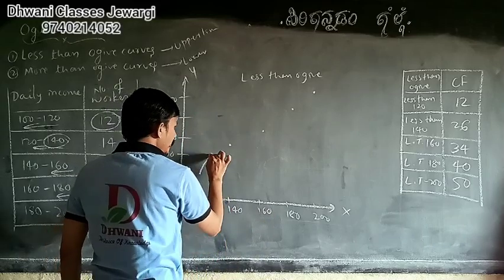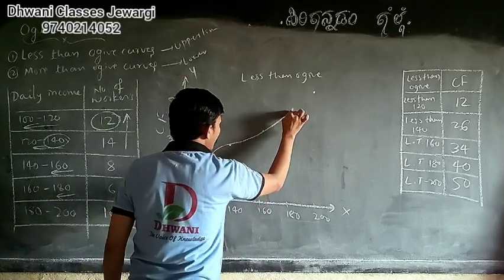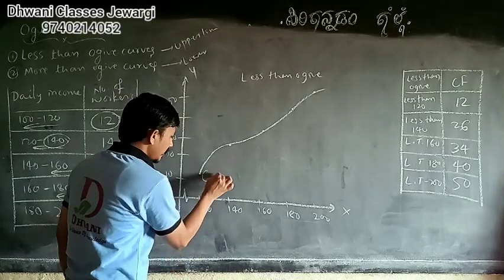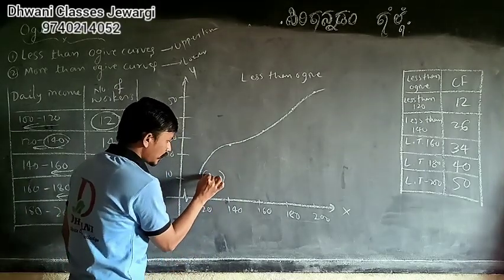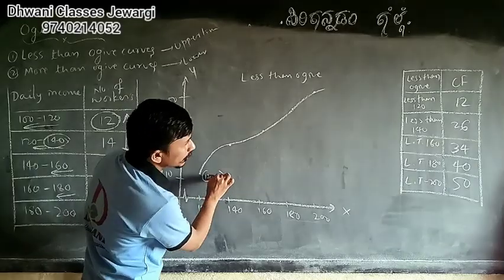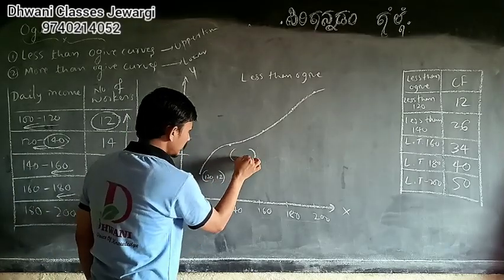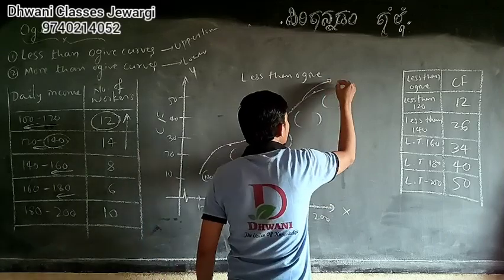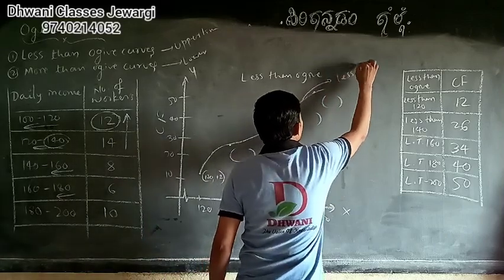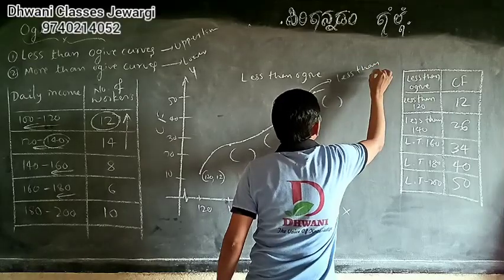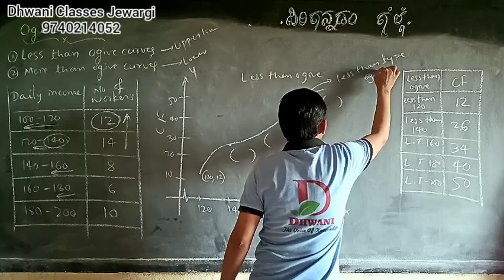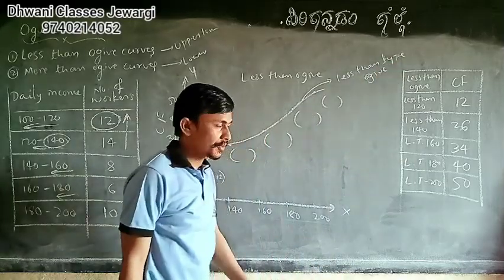You need to join with free hands. Next, write the points here, such as 120, 12. Write all the points. Next, write this as less than type Ogive.